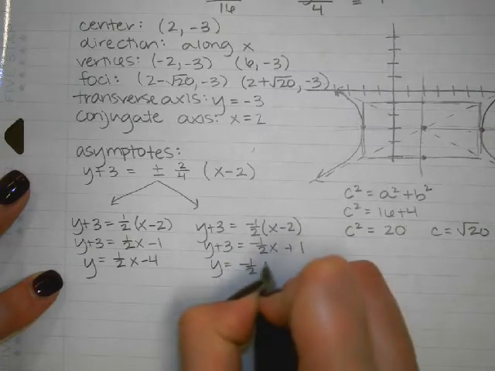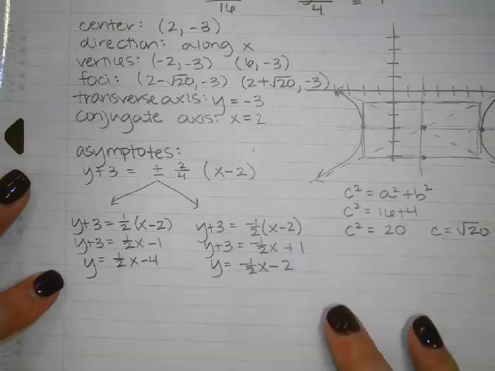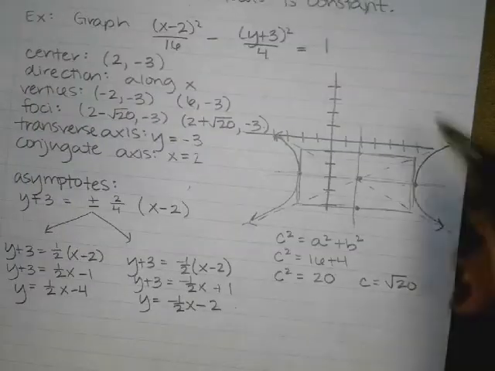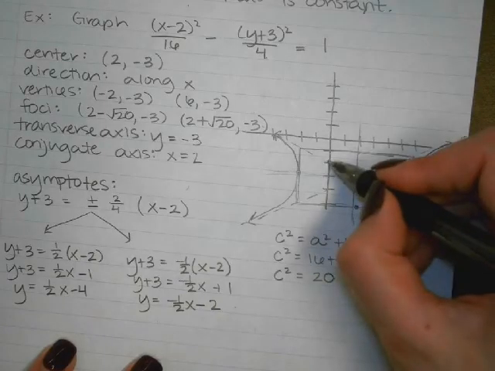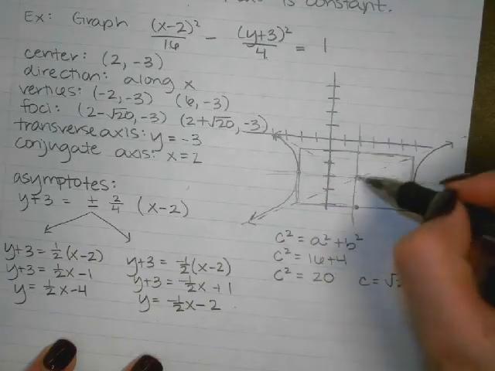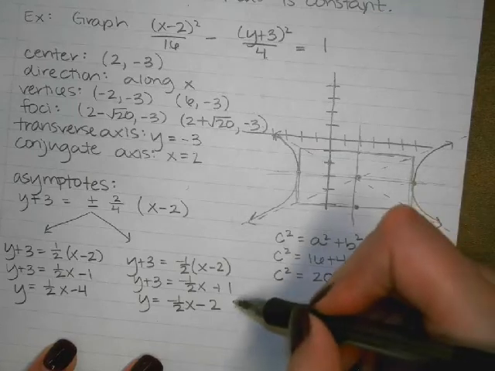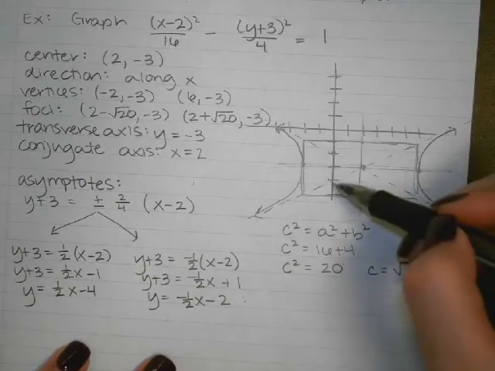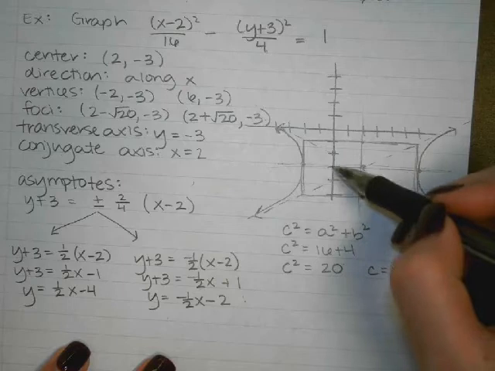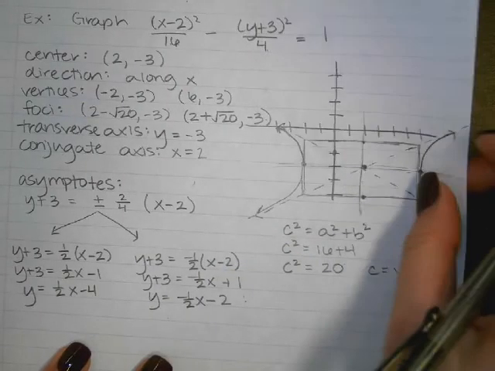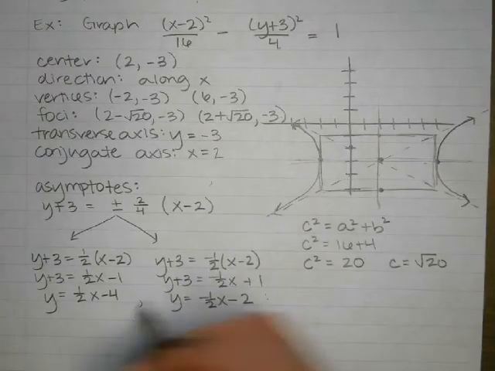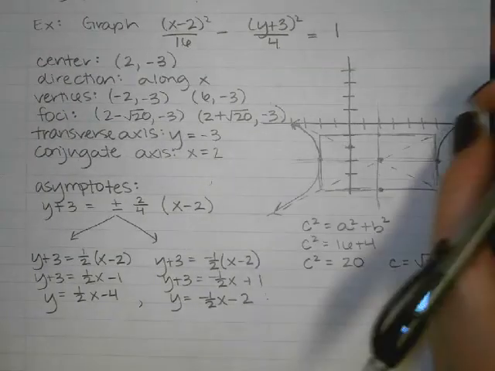So that's negative 1/2 x minus 2. And so if you look at these asymptotes we drew, you can see that here's an x-intercept of -2, and the slope goes down 1 over 2, down 1 over 2, so that's this asymptote. And then the other x-intercept is at -4, and this one goes up 1 over 2, up 1 over 2. And so that's the other asymptote. So we did find everything that we needed to find.